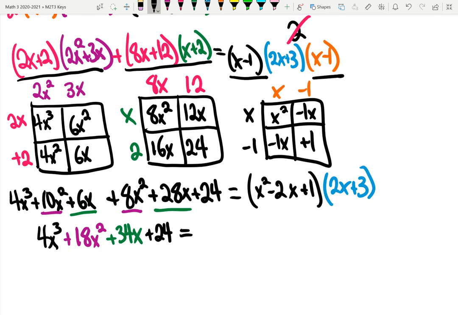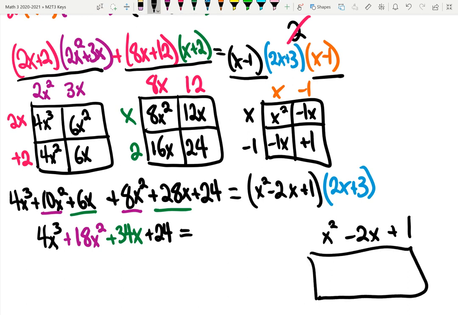And then I need to multiply on the right. I'm going to draw an area model, and notice how it is x squared minus 2x plus 1. So I need to have a larger area model to include all the terms. Notice how it's a 3 by 2. What am I multiplying by? 2x and 3.